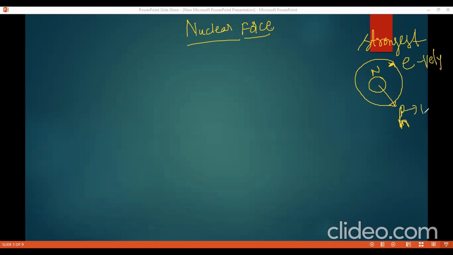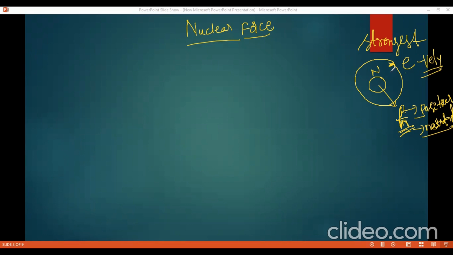P for positive, you can remember: protons positive. Neutrons neutral, no charge. Electrons are negatively charged particles. Like this you can easily remember.